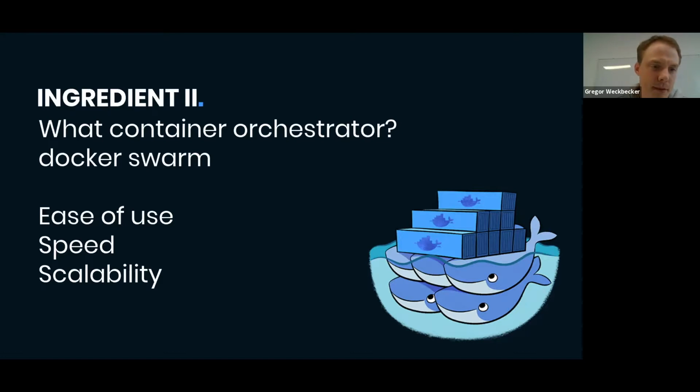I think even today, Docker Swarm has some big advantages. It has this very appealing ease of use. As I will show you in a few minutes, it's very easy to get started, to deploy it, to run it. It has some very nice abstractions that you can follow when you think about things. It's quite quick. It comes with Docker, so you don't have to buy or do something by yourself.